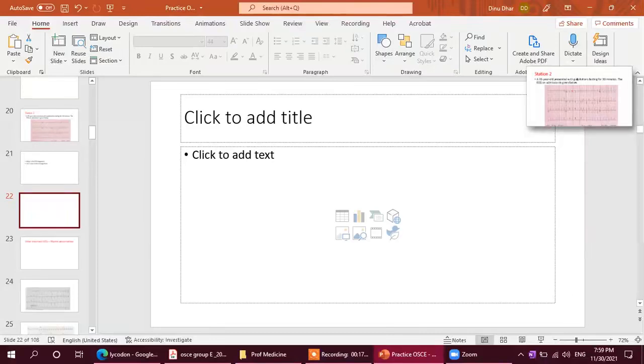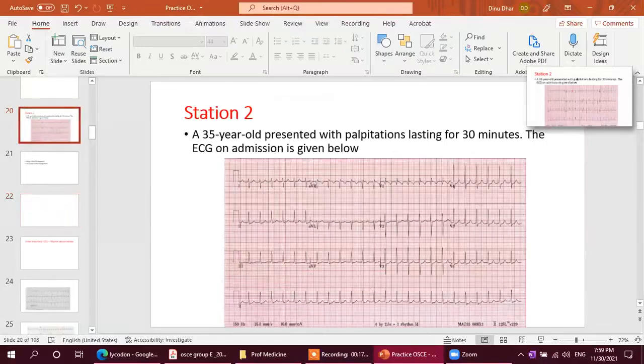As I taught you before, in tachyarrhythmia ECGs, the first thing you do in your approach is to see whether this is a narrow complex tachyarrhythmia or a broad complex tachyarrhythmia. That is very important.